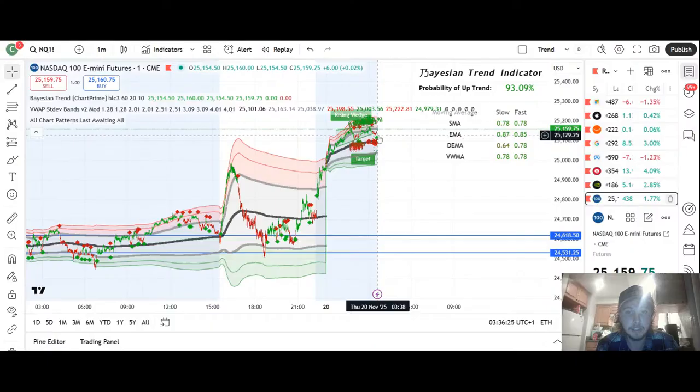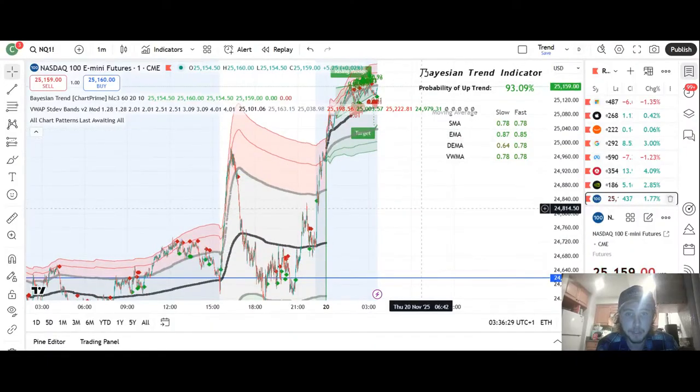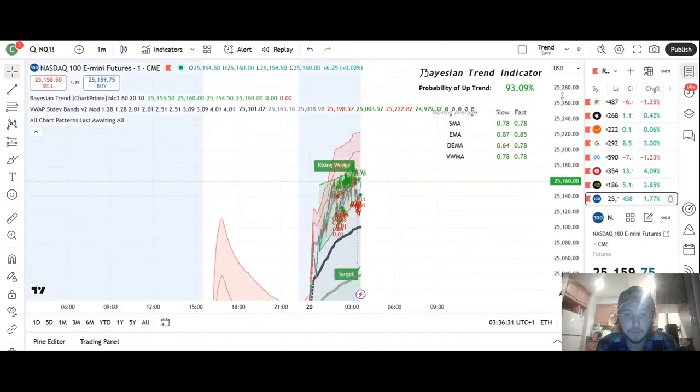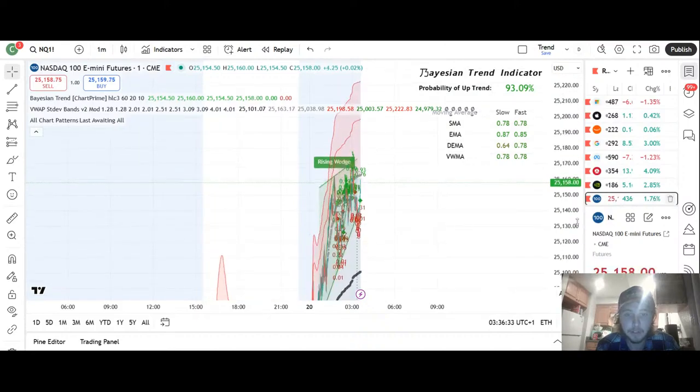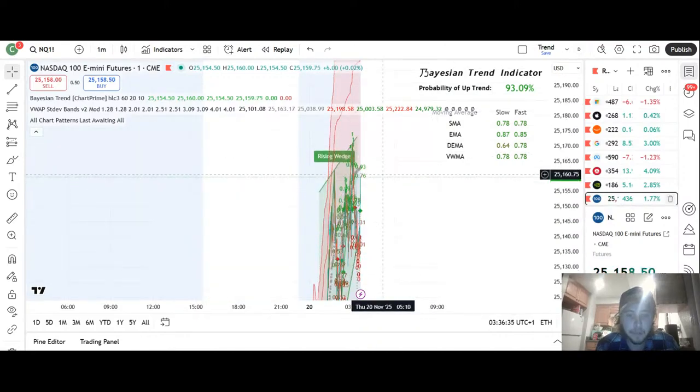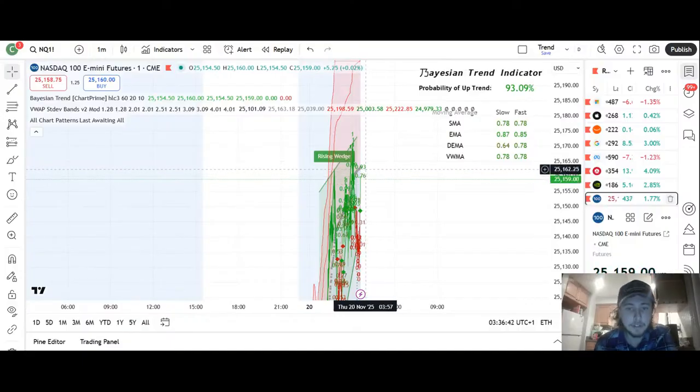Here, green. Let's see if it gets rejected or moves through this. This is going to be interesting, even though this is barely visible. There's just so much volume and everything. If it doesn't breach through, it's not that strong of a move, but if it does, while we're watching it right now, we got like a minute or two anyways, we can see what can happen.